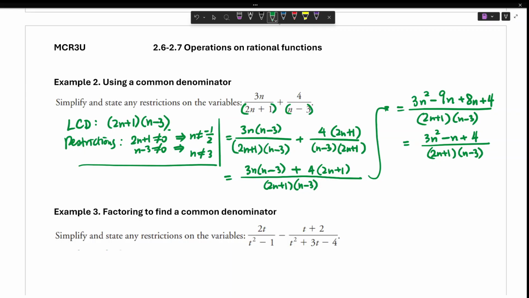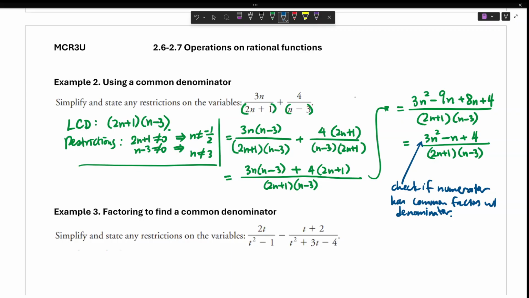And we're basically done. Now, why do I say basically? Well, in principle, you should check if the numerator has any common factors with the denominator. In this case, I think this is actually not factorable, so we don't have to worry about it.